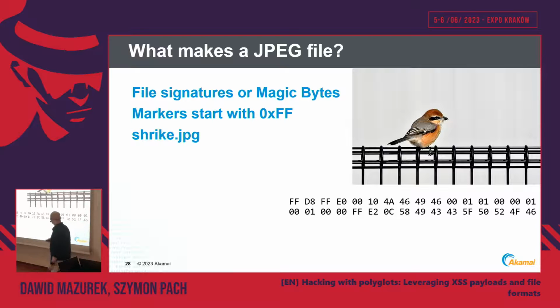Okay, so one example, this is a shrike. Shrike is a bird. It's dzierżba in Polish. And this is the shrike JPEG. And those are the first 32 bytes of this image. So as you see here, marked in red are two markers, FFD8, which means start of an image, and FFE0, which is application segment 0. And each marker starts with FF, always. In this case, FFE0 is application segment 0. It takes an argument.